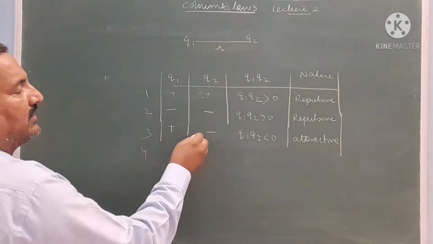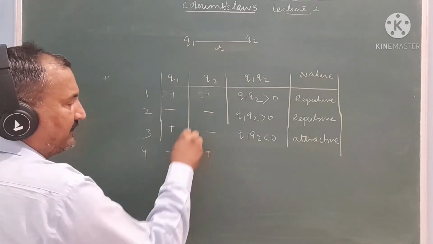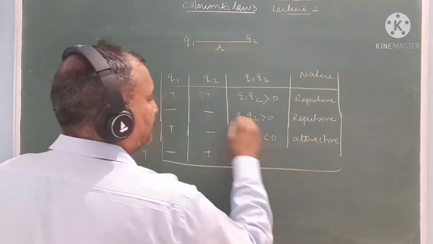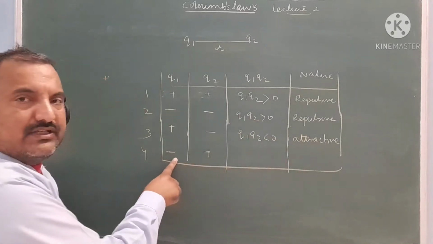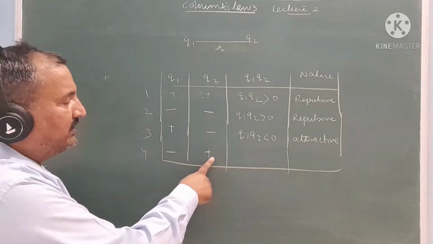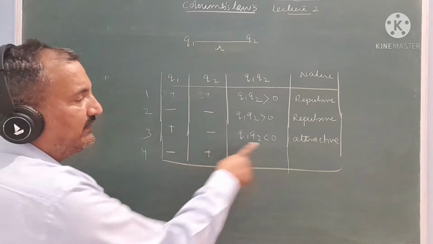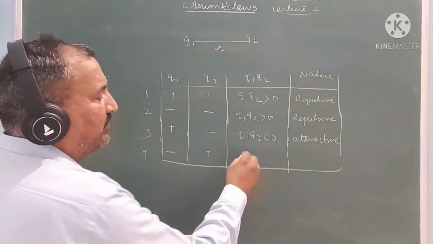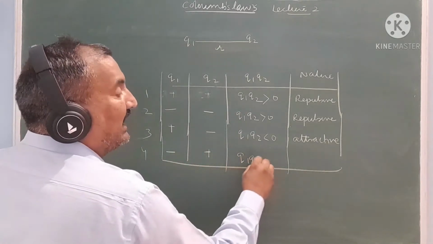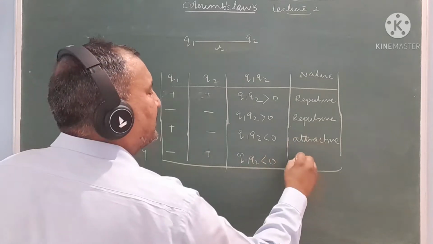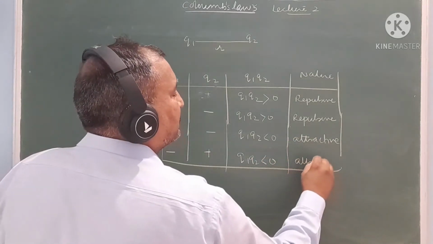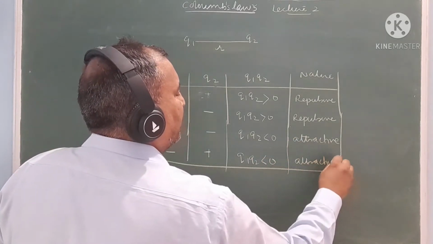Similarly, if this is negative and this is positive, then positive into negative is less than 0. Therefore, Q1 Q2 is again less than 0, and again it is an attractive force.